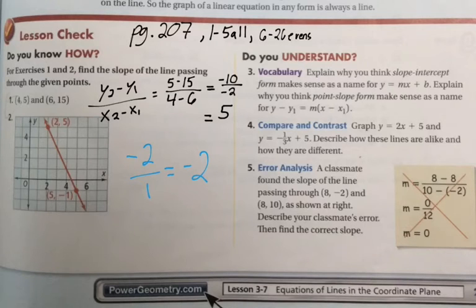Okay, we kind of talked about this in our takeaway. Explain why you think slope-intercept form makes sense as a name for y equals mx plus b. It would be like me asking, explain why blueberry pancakes is a good name for pancakes with blueberries in them. Why is slope-intercept form a good name for y equals mx plus b?